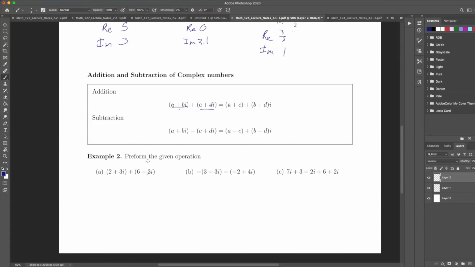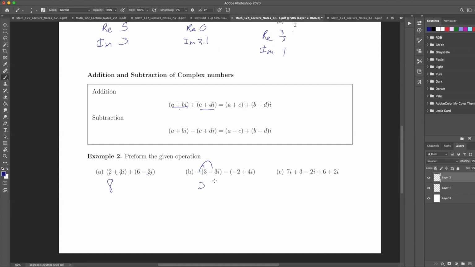So if I was going to perform this operation, it'd be 2 plus 6, which gives me 8, plus 3 minus 3. Well, 3 minus 3 is 0, so this is just 8. Here, if I was going to do this operation, I need to move in my negative sign.